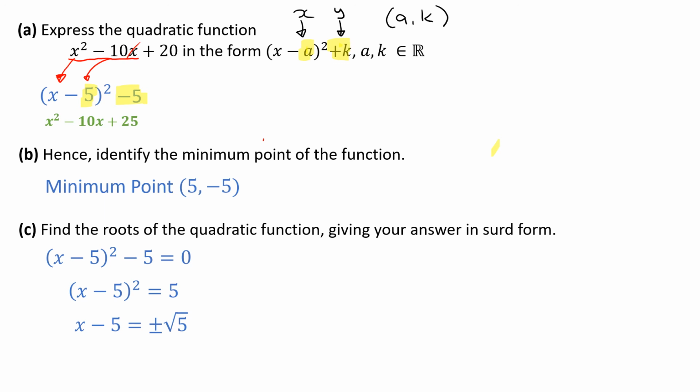This means there are 2 possible answers when we square root. The final step is to add 5 to both sides. We put this 5 at the start rather than the end, so it looks more like our answer when we use the quadratic formula, minus b. So our final answer is x is 5 plus or minus root 5. That's our 2 possible answers. You can write them separately or leave them as is.